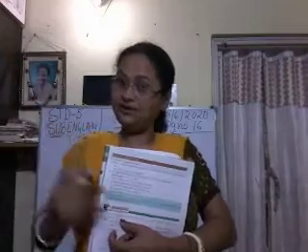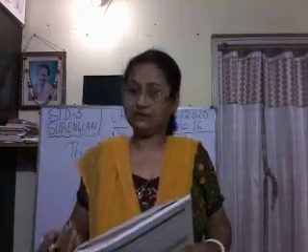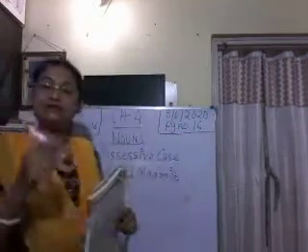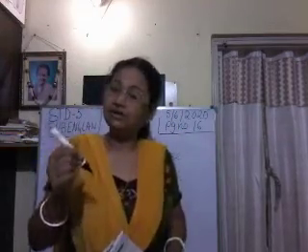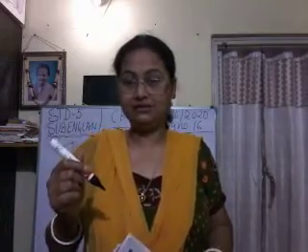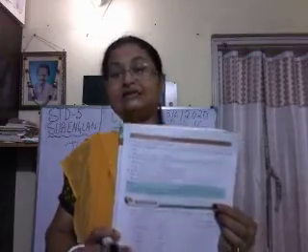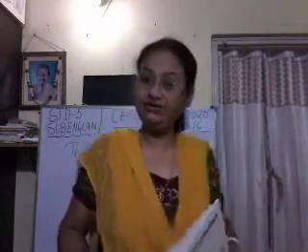Raised comma. Now we use possessive case to show who owns something. As I told you, this pen is mine, so I am the owner. I possess the pen. If I say this book is Ravi's, this is Ravi's book, then how will I write Ravi's?